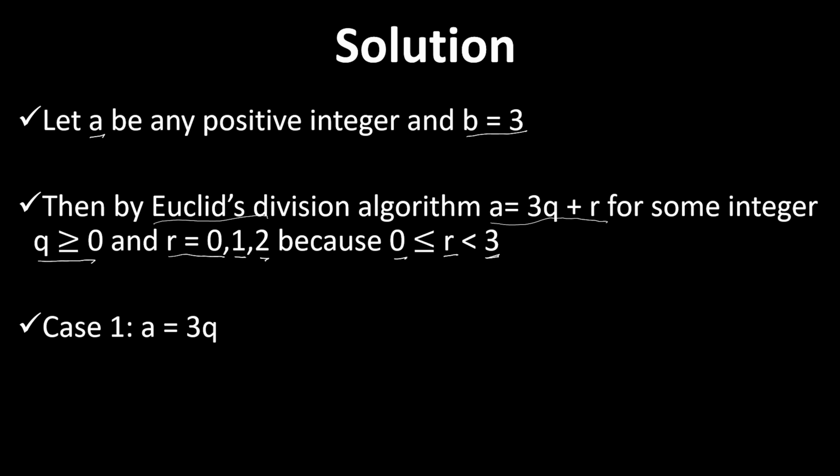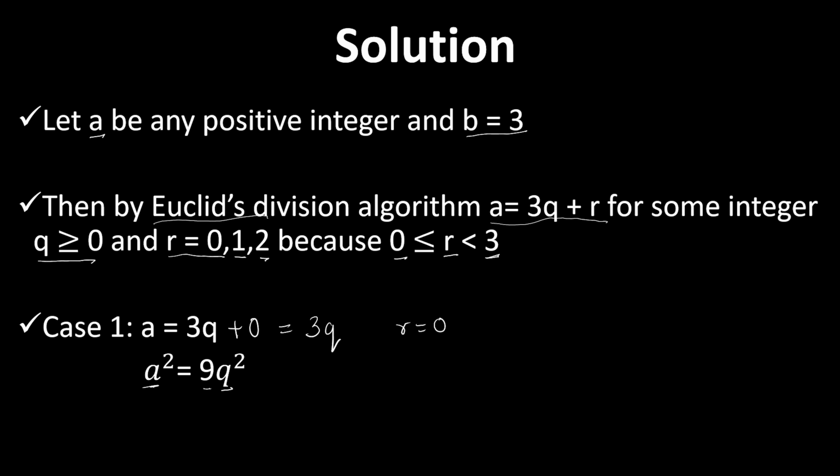So let's look at the first case. Here we are considering remainder equal to 0. So we will write a as 3q plus 0, which can be written as 3q. Now we have to take the square of this positive integer a. So on squaring both sides, we have a square equals 3q whole square, which gives a square equals 9 times q square.